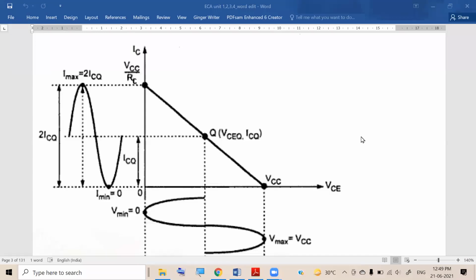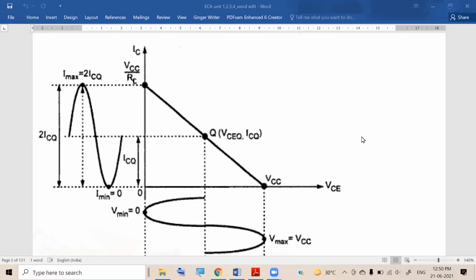So, what is the peak to peak collector voltage value here? Same, positive peak to negative peak. To see this graph, actually you have to rotate your head 90 degrees in the clockwise direction.